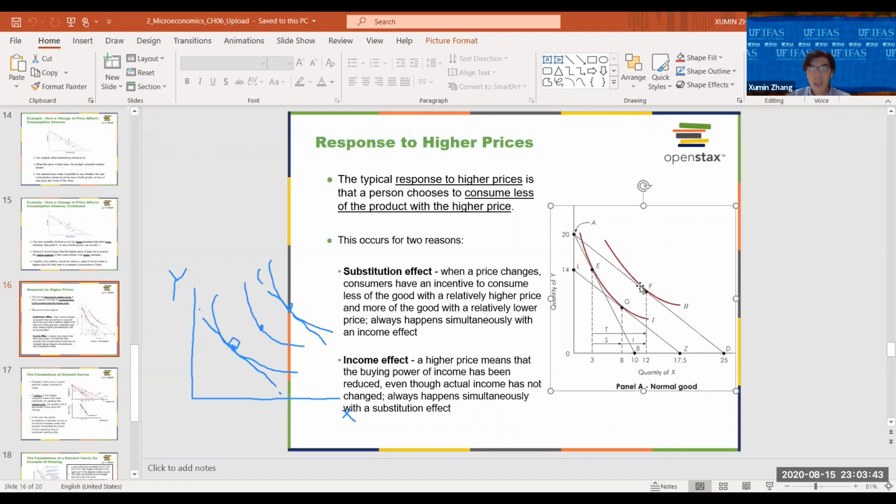But honestly speaking, usually you only see two points, F and then E. Because of these two effects, it usually goes from F to G and from G to E: the income effect and the substitution effect. I don't think I need to explain what substitution or income is anymore, right? This is a very detailed explanation of how the higher price ends up changing the quantity between those two goods.